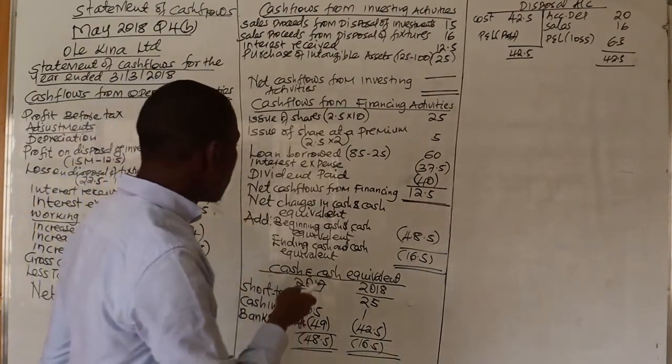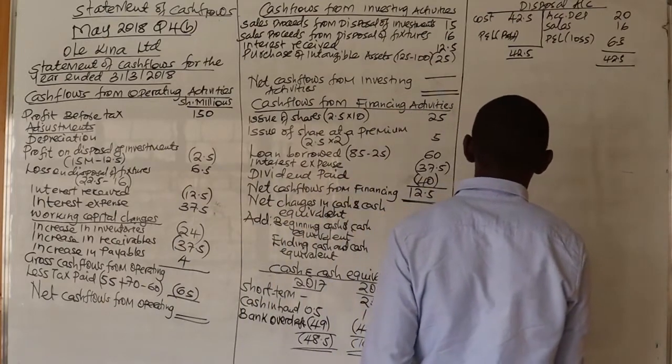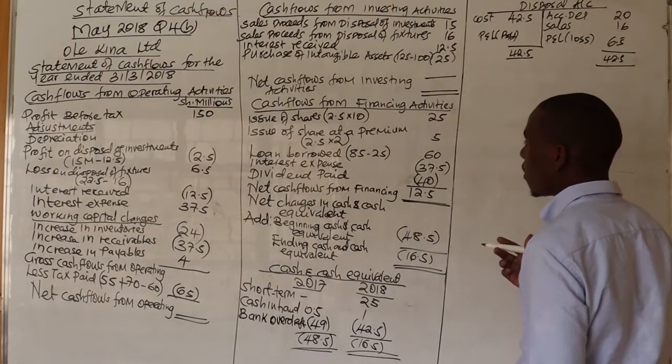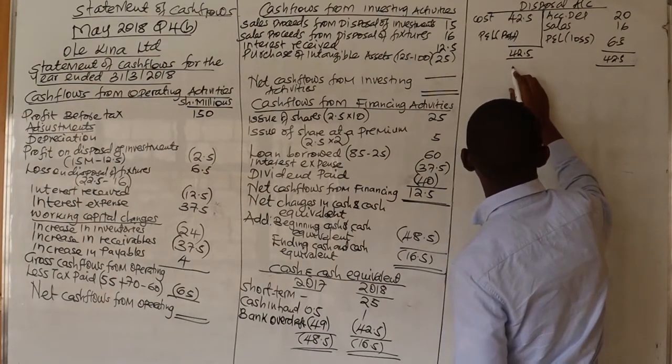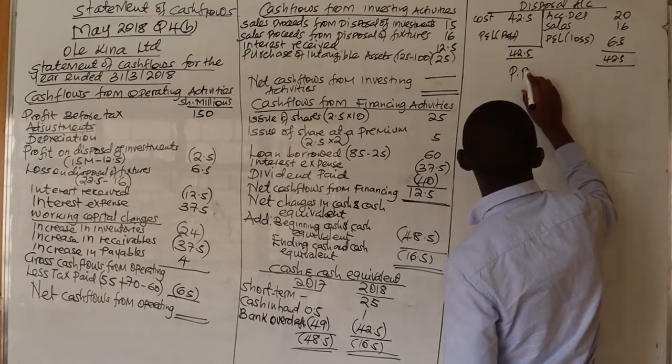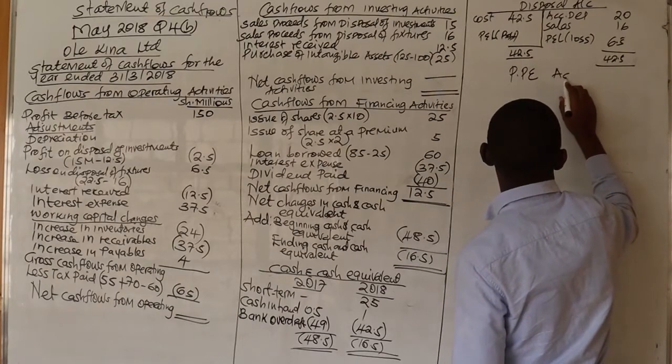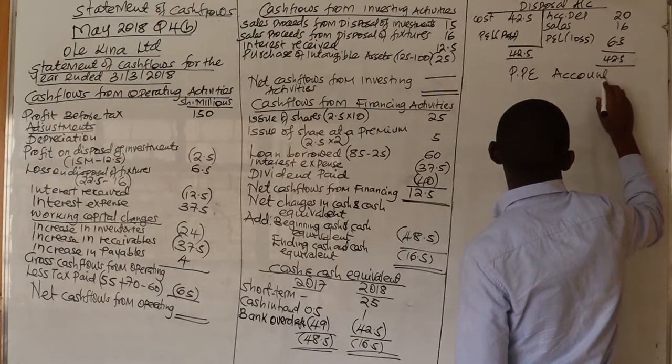So we'll now be able to know the net cash and cash equivalent once we draw what we call the property, plant and equipment, so we can have the PPE account.